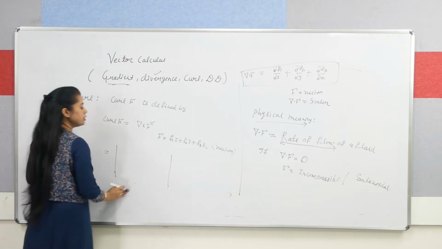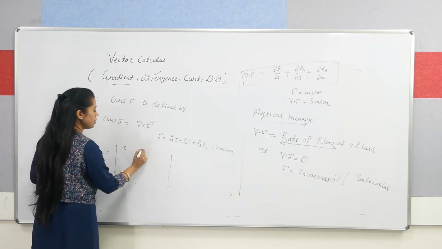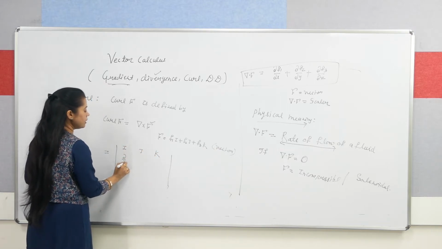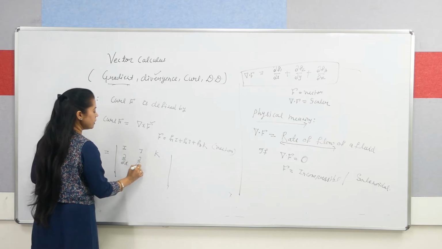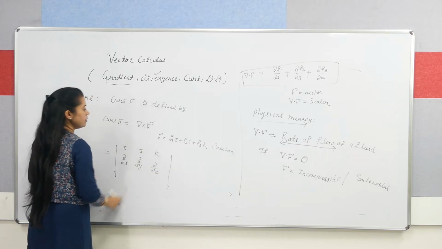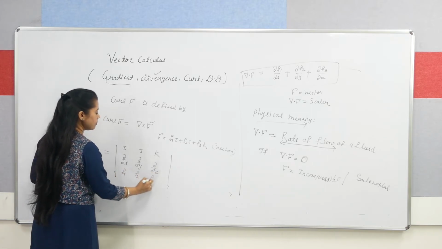It is equivalent to a 3 by 3 determinant, whose first row will be i, j, k, the second row will be del by del x, del by del y, del by del z, and the third row will be f1, f2, f3.